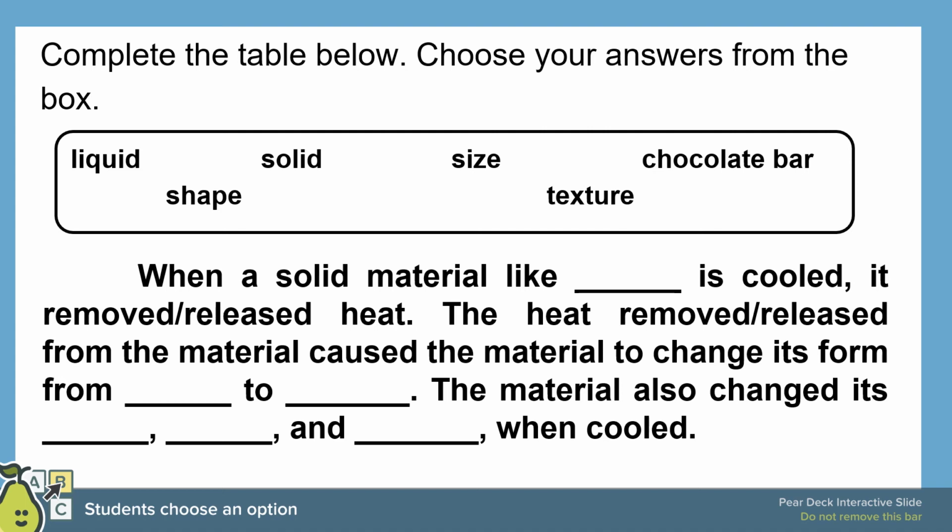When a solid material like chocolate bar is cooled, it removes or releases heat. The heat removed or released from the material caused the material to change its form from liquid to solid. The material also changed its size, shape, and texture when cold. Good job, kids!